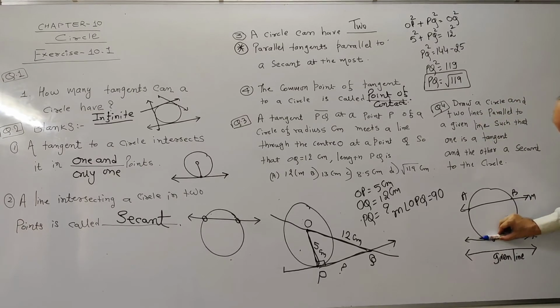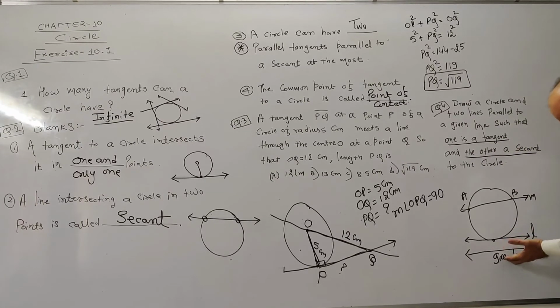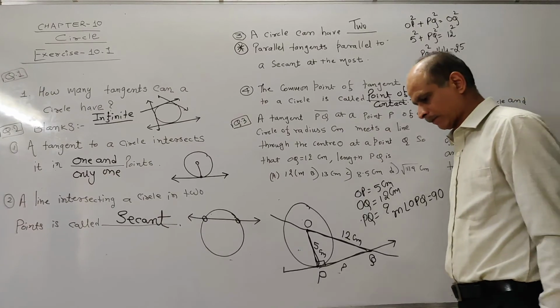So this tangent is also parallel to the given line. The secant is also parallel to the given line. One is a tangent and one is a secant. See, the conditions are given to you. So this is the given line. This is a required line which is a tangent of the circle, and this is also a required line which is a secant of the circle.